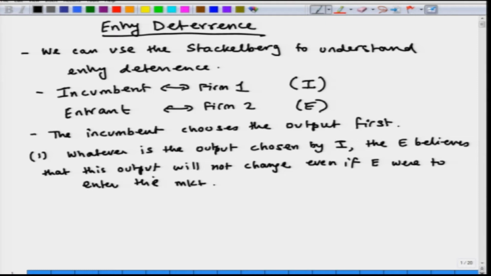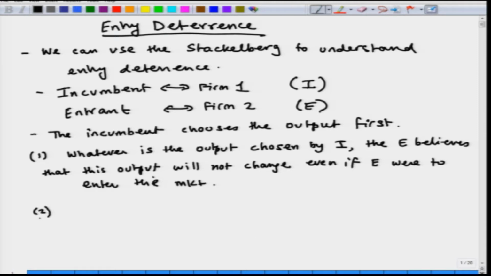In fact, that is going to be one of the critiques of this first model that we are going to develop, and then we will see what happens when we introduce a two-stage game and look at post-entry competition between the incumbent and the entrant, right. For the moment, let us stay with this assumption that whatever is the output chosen by the incumbent, the entrant believes that post-entry the incumbent is not going to change the output.